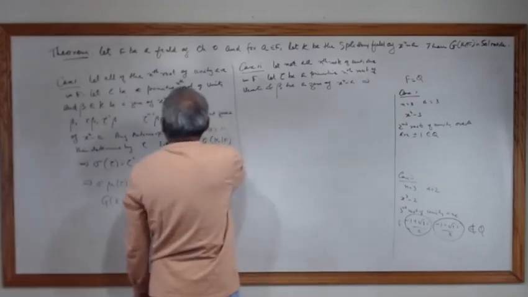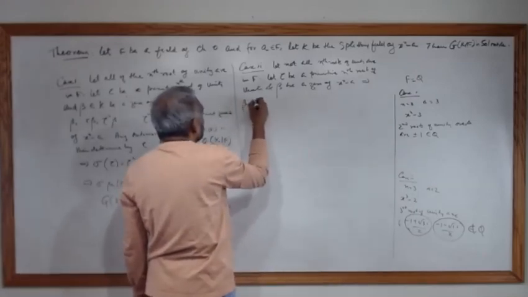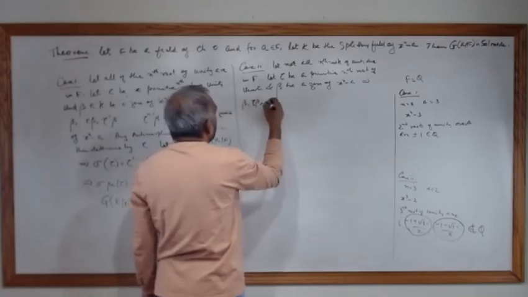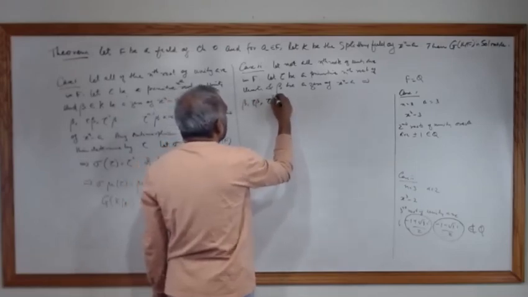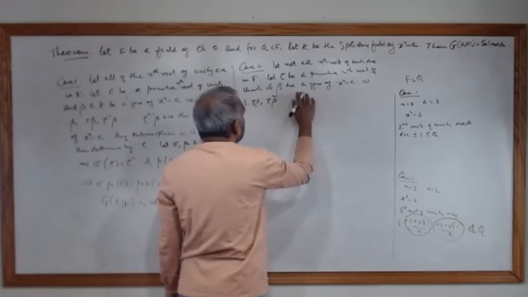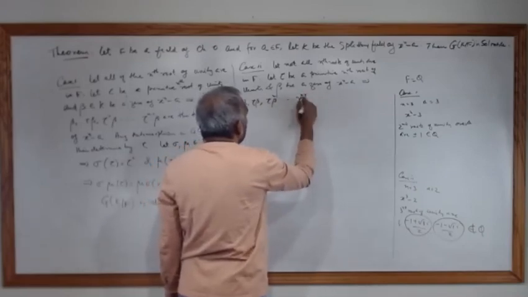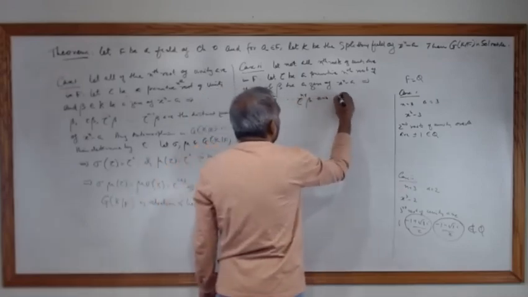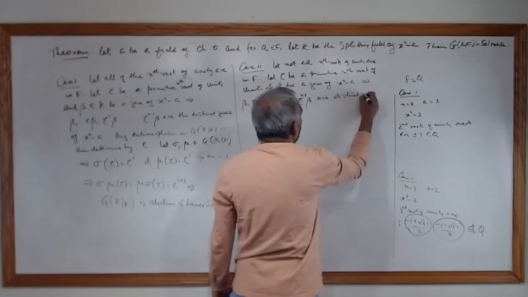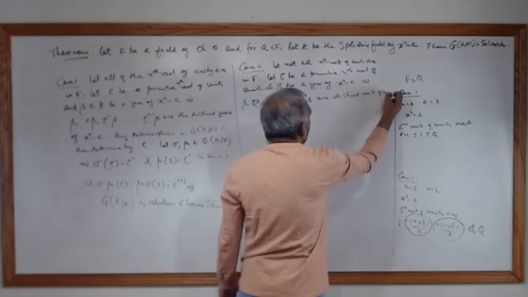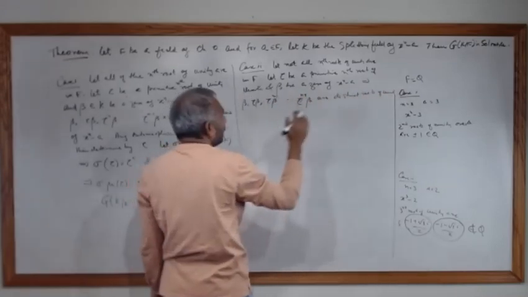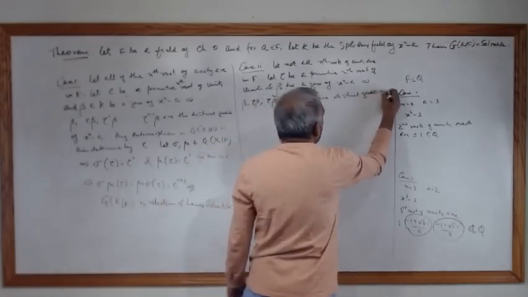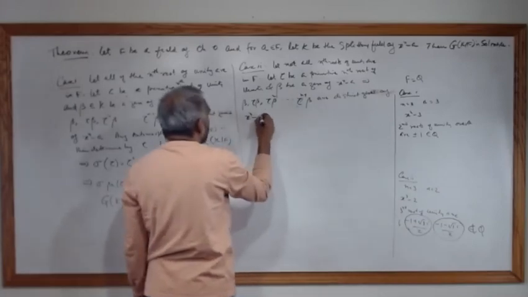This implies the same thing: beta, zeta beta, zeta squared beta, ..., zeta to the power of n minus 1 beta are distinct zeros of x to the power of n minus a.